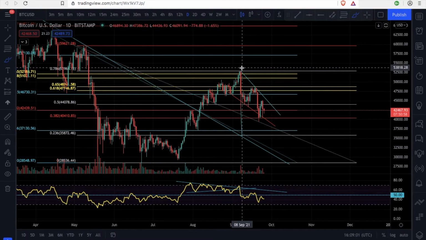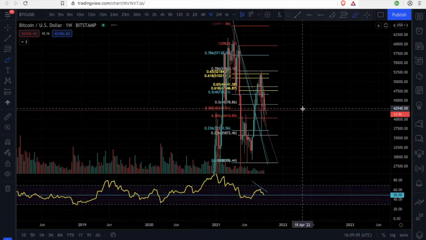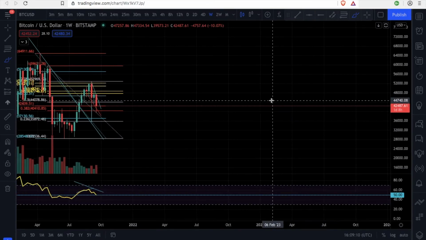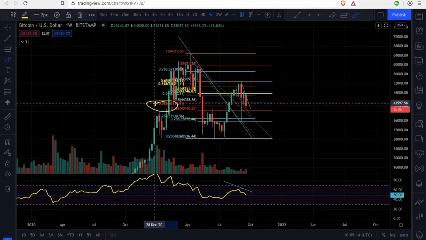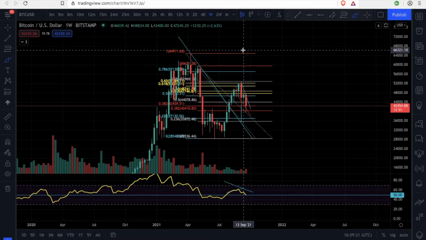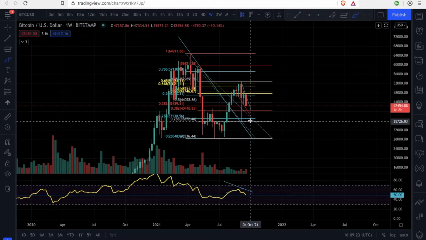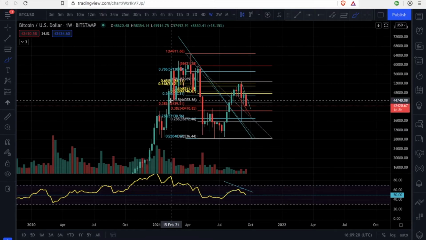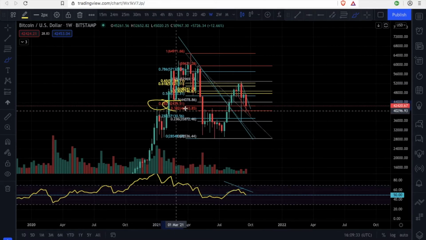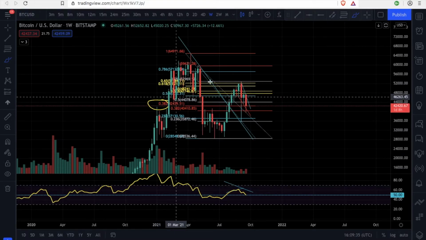like I mentioned, it's very important that in the weekly time frame, the Bitcoin price holds this 0.382 Fibonacci retracement as support, and at least when the weekly body candle closes, it has to most likely be on top of this support line, this 0.382 Fibonacci retracement, which is around the $42,400 level.